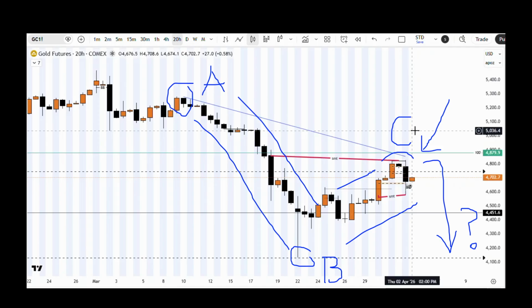So the two-step only involves two critical parts. You have your directional move or your trend, and then you have your retracement or your corrective move. That's it.